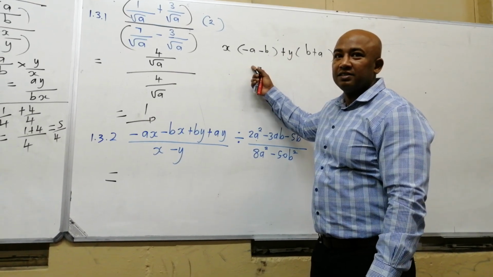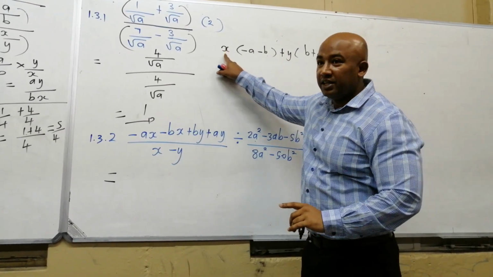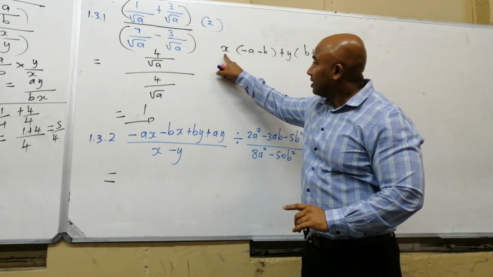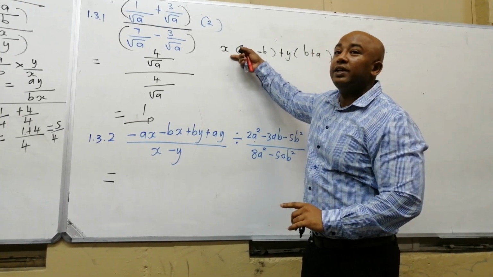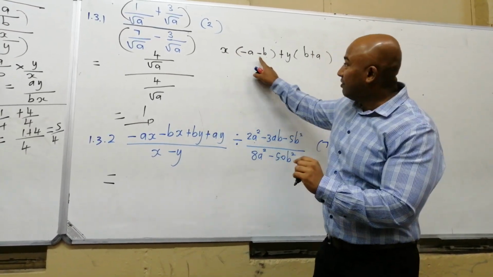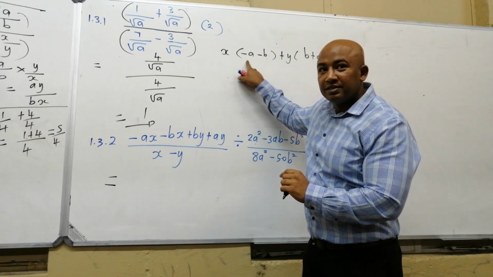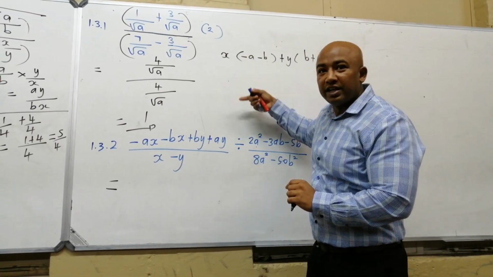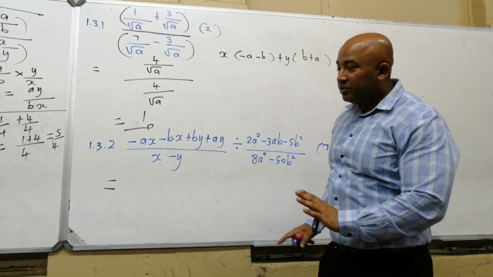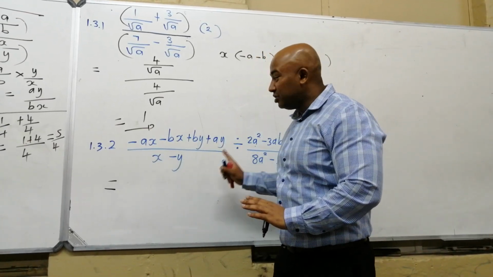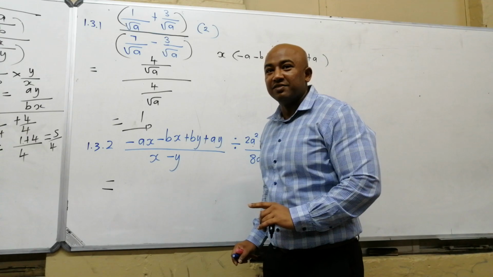Can you see that? So taking out x, you will have to do an extra step and realize that you still have to take out minus 1. So although you are wrong, you can still correct it, you understand? But doing many examples, you must know that obviously you must take out the negative sign.